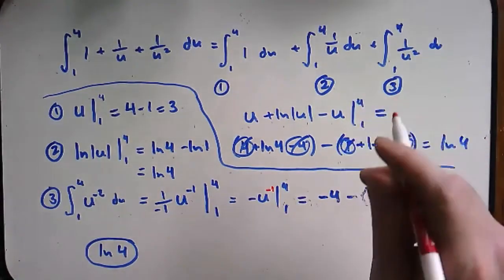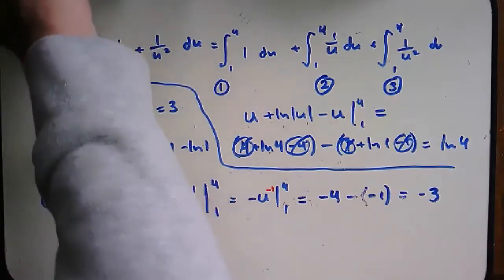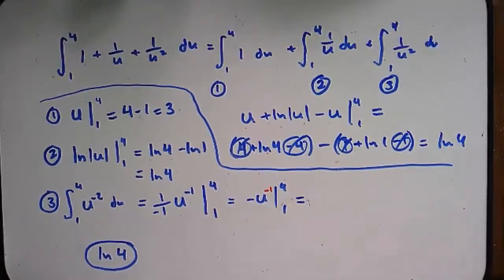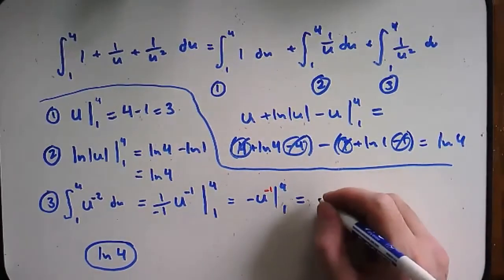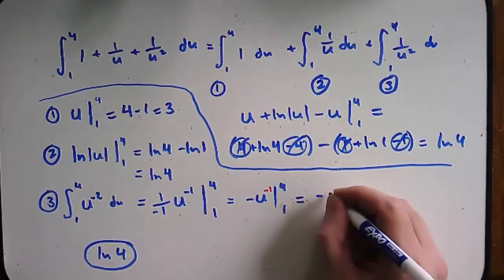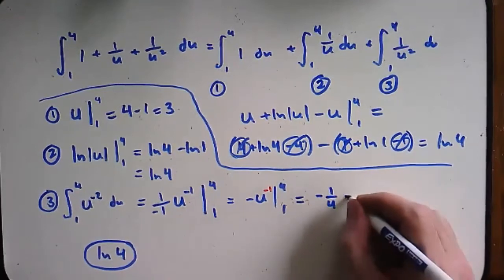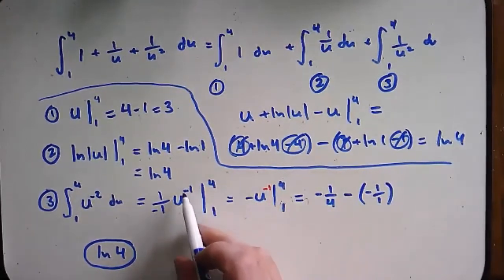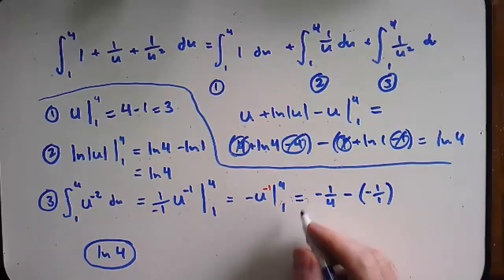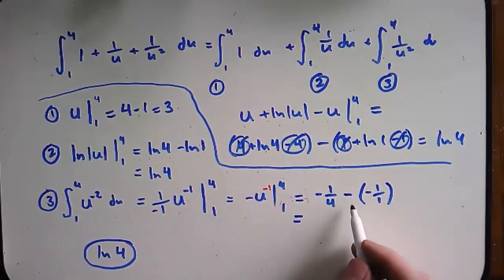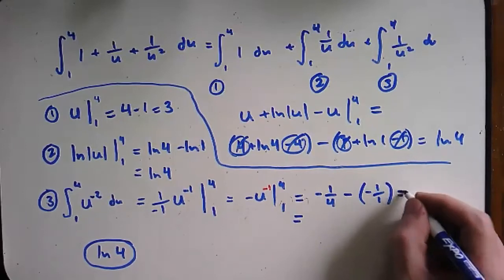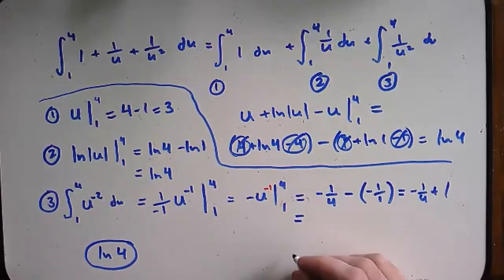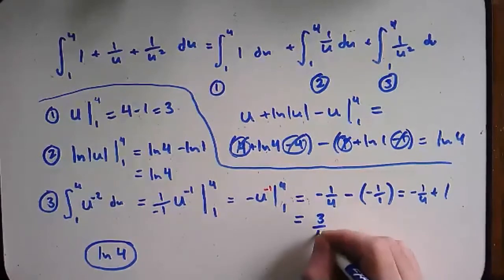All right. So our third antiderivative has an error now. Instead of negative 4 minus negative 1, I should have negative 1/4 minus negative 1 over 1. I forgot my exponent here. Let's see how that affects the problem. Negative 1/4 minus negative 1 is negative 1/4 plus positive 1, which is positive 3/4.